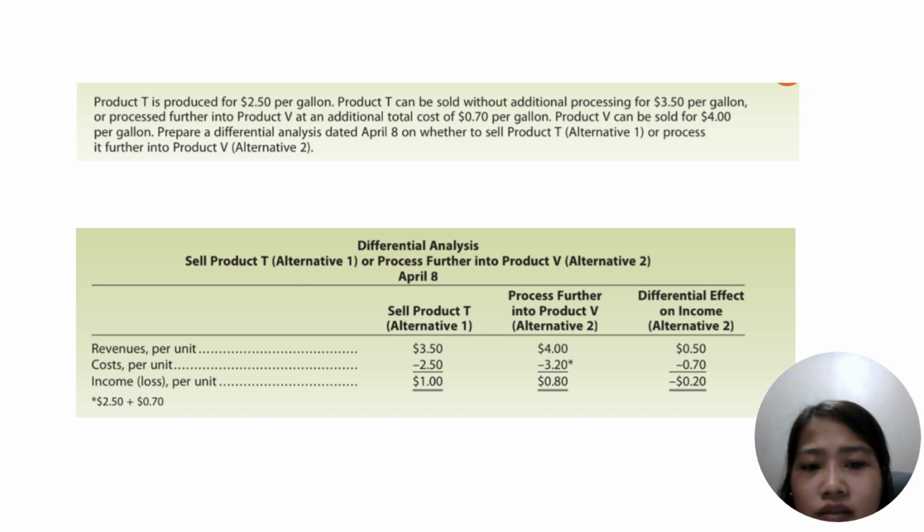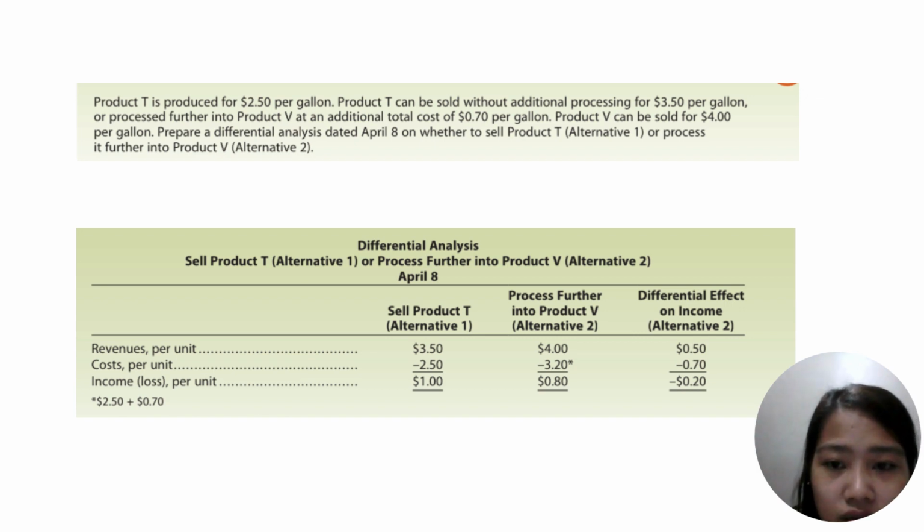So now we still follow the same process, subtracting the cost from the revenue to know the income or loss per unit. So for alternative one, the revenue is 3.50 per unit, and we subtract the cost per unit of 2.50, so the income is $1 for alternative 1. And for alternative 2, the revenue is $4. We subtract 3.20.